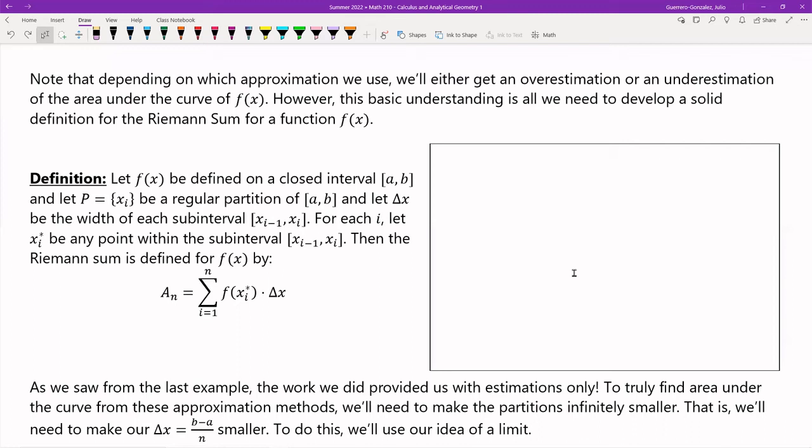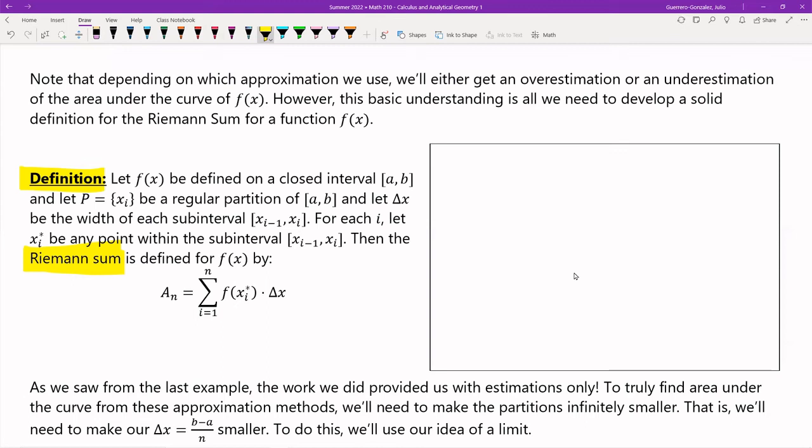So let me first start by defining what a Riemann sum is. We've already done it, actually. Let f of x be defined on a closed interval [a, b], and let P be any regular partition. So the delta x's are the same. Then for each i, let x_i star be any point within the subinterval [x_{i-1}, x_i].